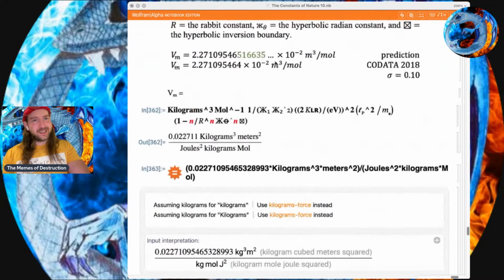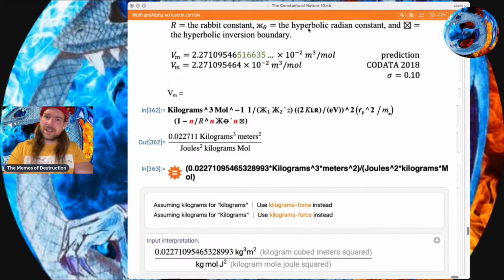Okay. So if we do... what's the exact notation? Meters cubed per mole. What's molarity again? Molarity. Length minus 3.